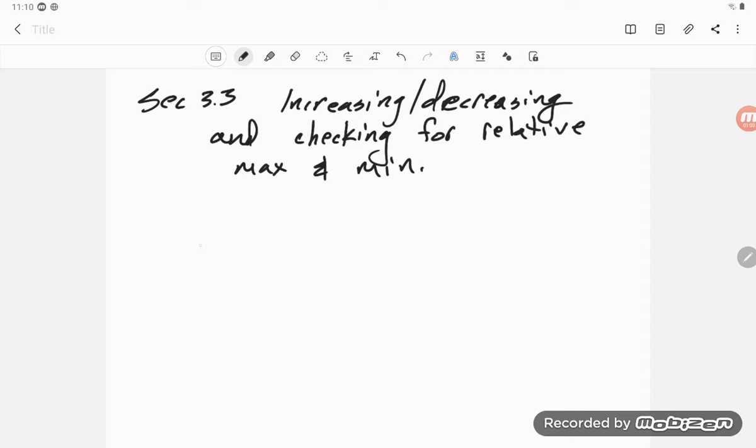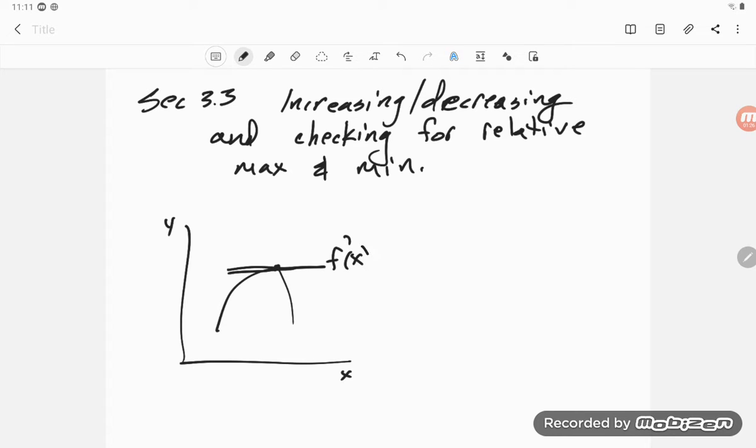And so we've seen the idea of critical numbers or critical points, and if I'm looking for, say, a relative maximum on my function f, I'm looking for that spot, that critical number where f prime of x equals 0.